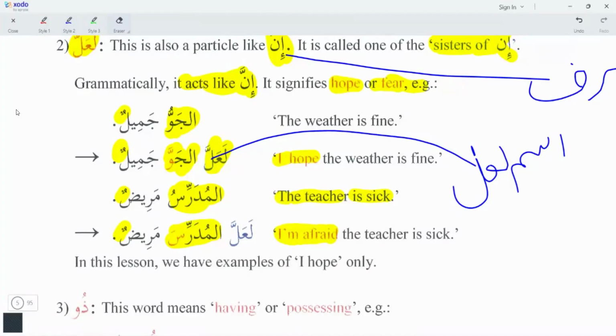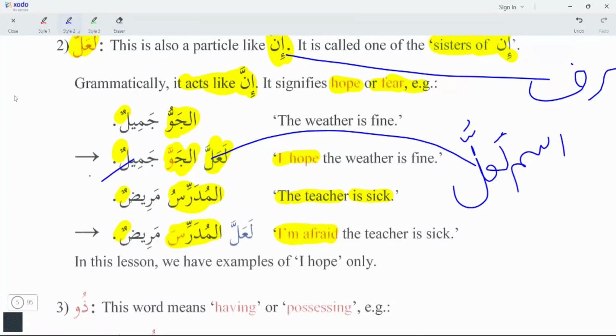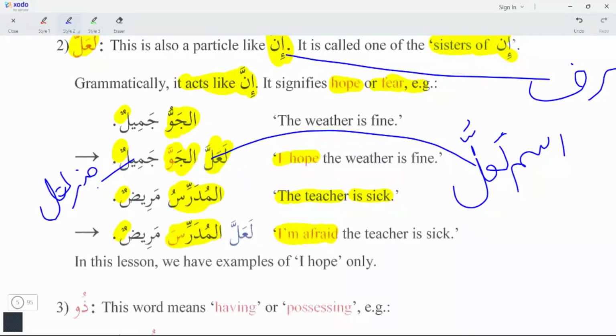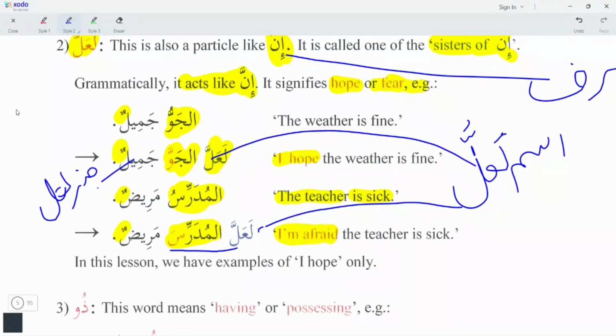Al-jawwa is ismu la'alla, and jamilun is khabru la'alla. Same with la'allal mudarrisa maridun. Al-mudarrisa is ismu la'alla and maridun is khabru la'alla.